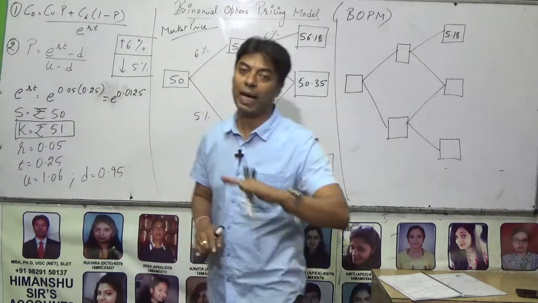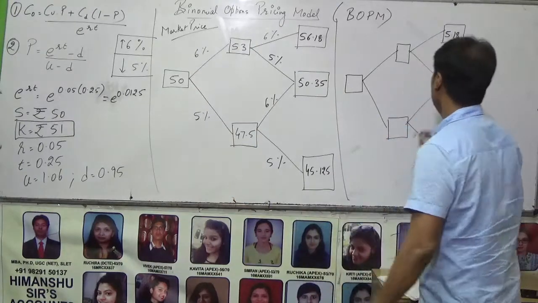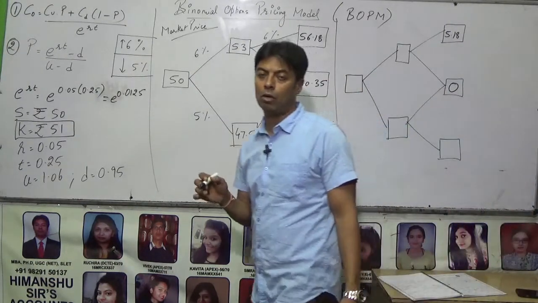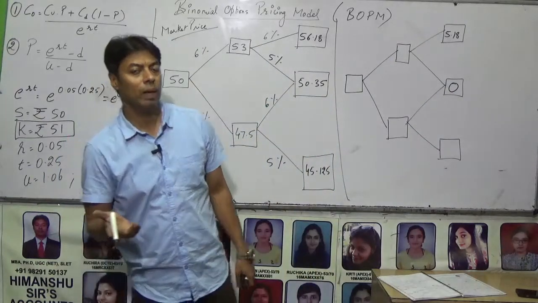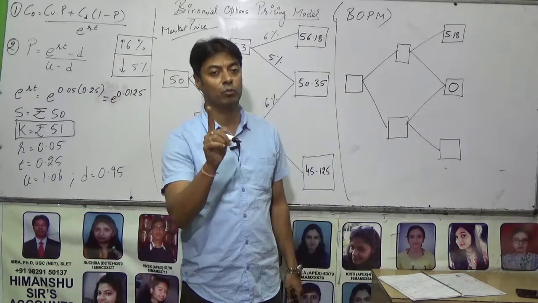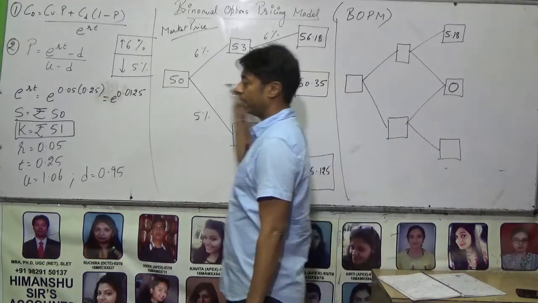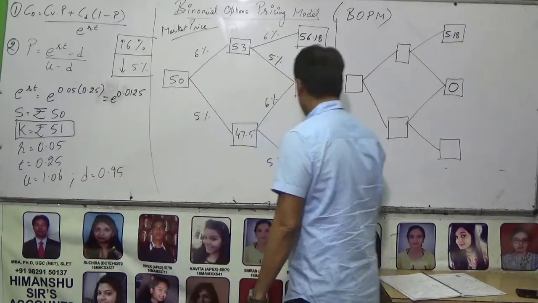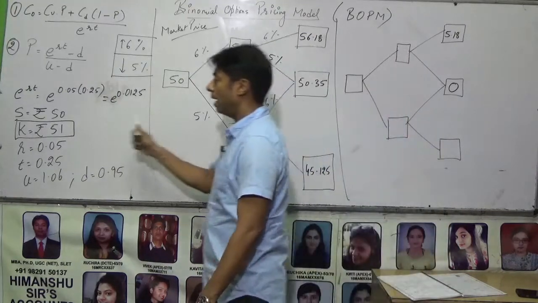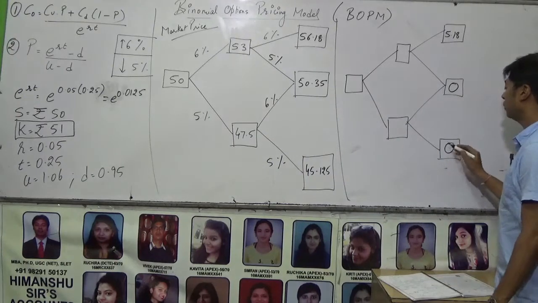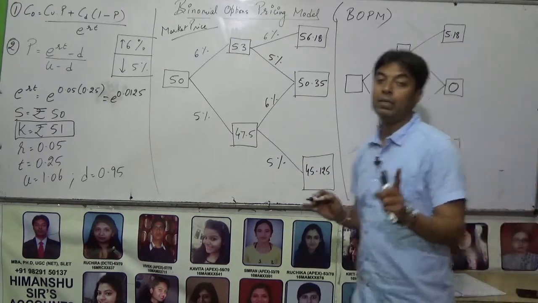So he is going to lapse this particular option and the result will be zero. He cannot bear the loss, right? He has got the right to buy, but he doesn't have the obligation to buy. So when the market price is less than the strike price, and again here also the market price is less than the strike price, the profit of this call option buyer will be zero.